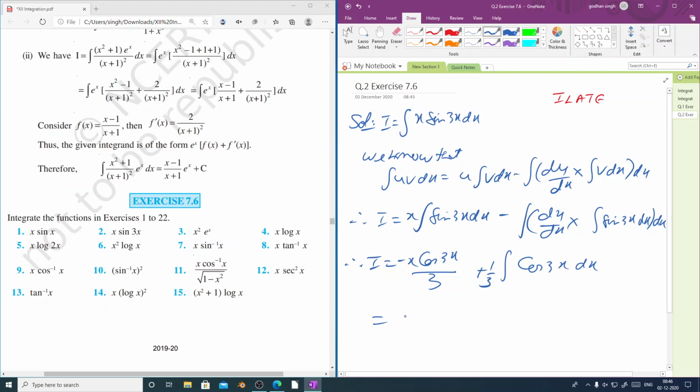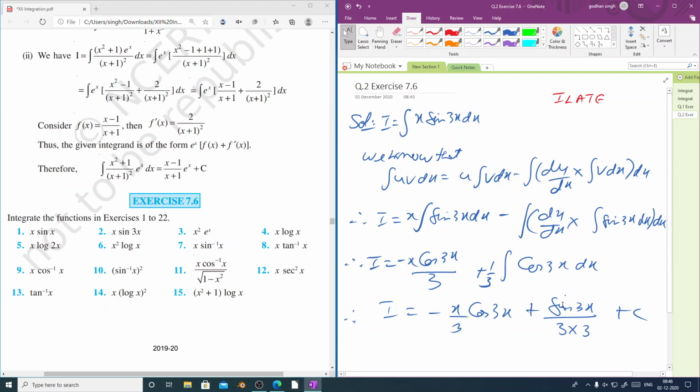Therefore I is equal to minus x by 3 cos 3x, then integration of cos is sine, so plus sin 3x over 3 already, and because the coefficient of x is not 1, we will differentiate 3x, so we will be getting here 3, and plus c.